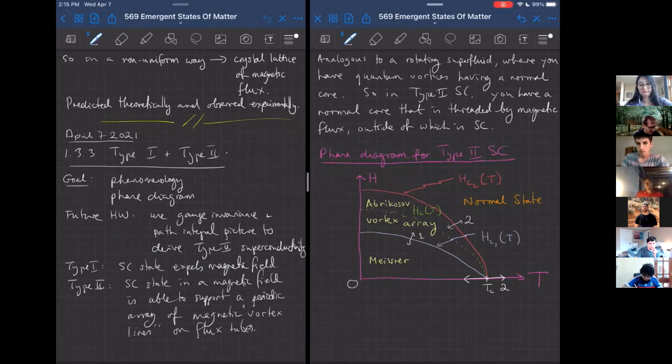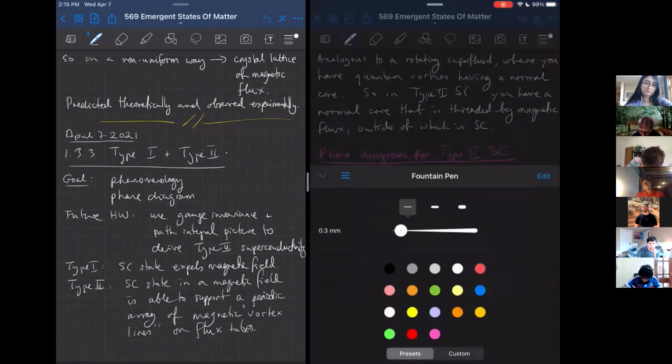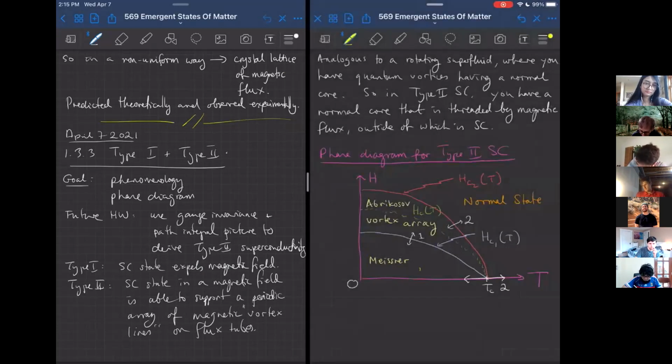So that's the behavior. Now in the Meissner phase, we know that the conductivity is infinity. And we know that in the normal state, the conductivity is, of course, finite. What happens in the Abrikosov vortex array state is that it depends.